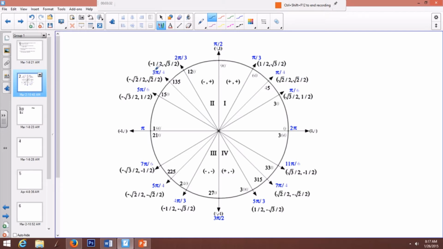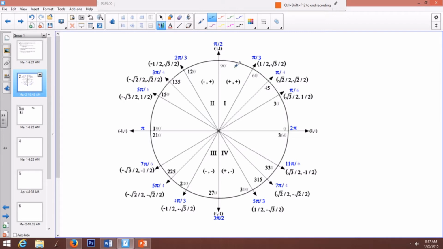Over here at 3 pi over 4, I'm going to have positive square root of 2 over 2 all over negative square root of 2 over 2, which is going to have a ratio of negative 1. Here, because both the signs are negative, I'll have a ratio of positive 1. And here, because I have a negative and a positive, that ratio will be negative 1.